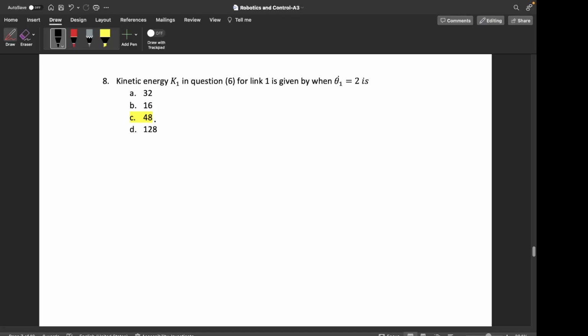Now the third question on this system only is to find the kinetic energy of link 1. So this will not take much effort. So K1, you can straight away write this, there's no need of integration in this one.